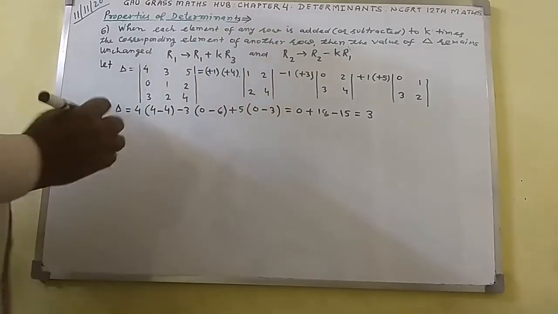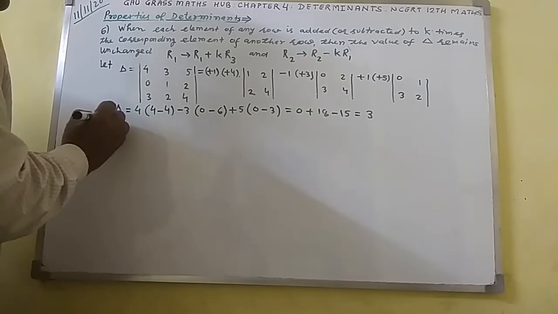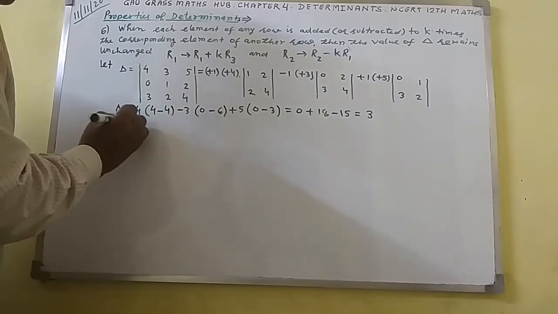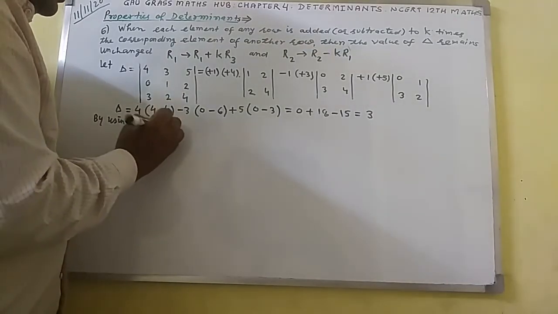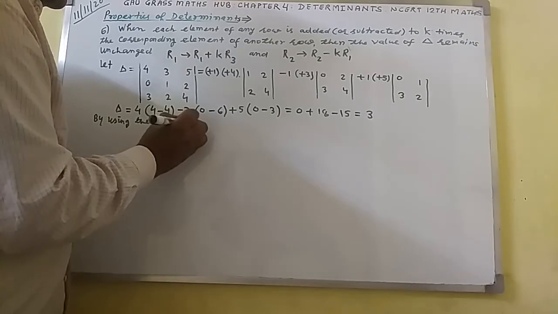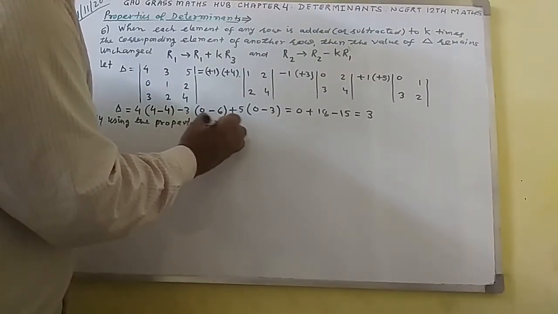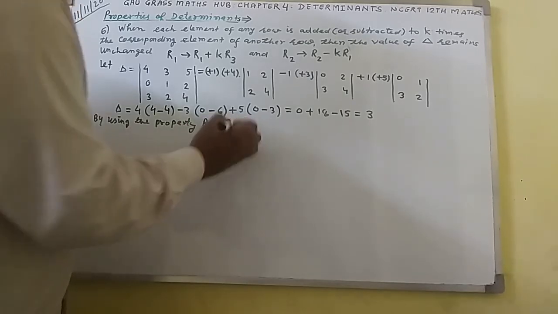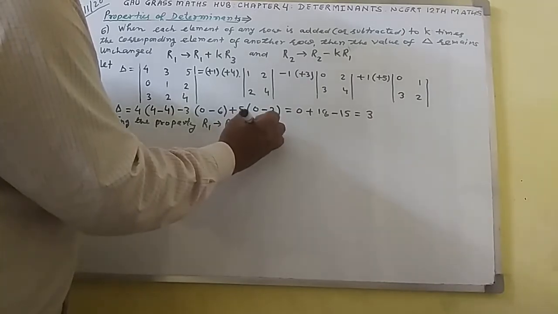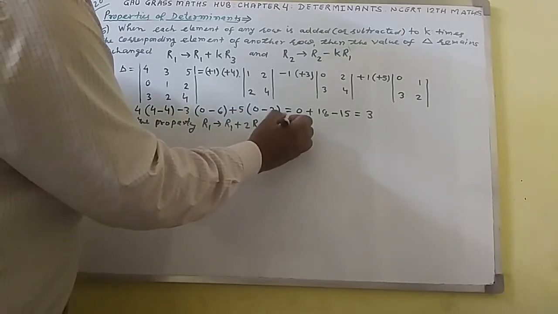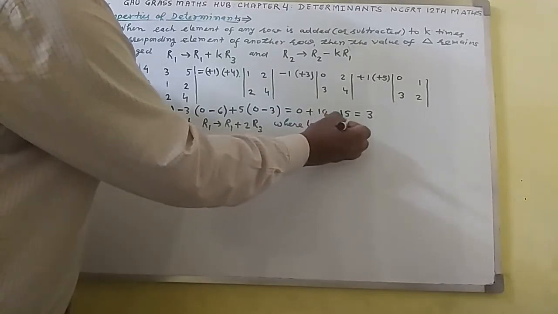So here, applying this property, I shall write by using the property R1 goes to R1 plus 2 R3, where let k equal to 2.